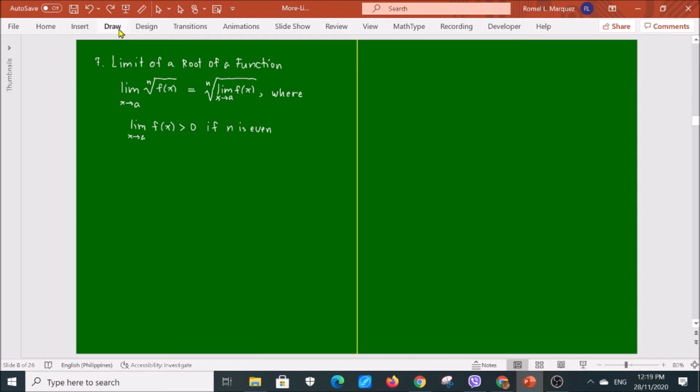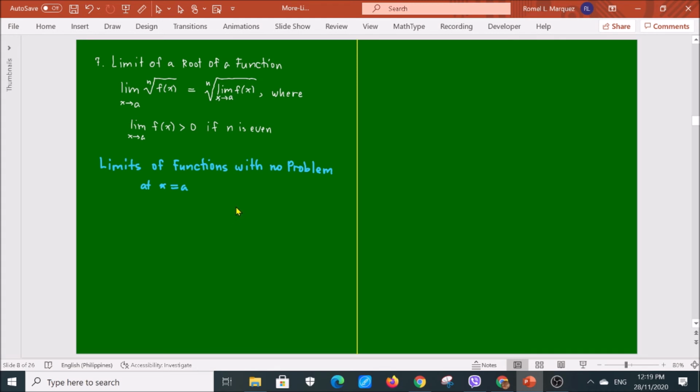So, limits of functions with no problem at x equals a.